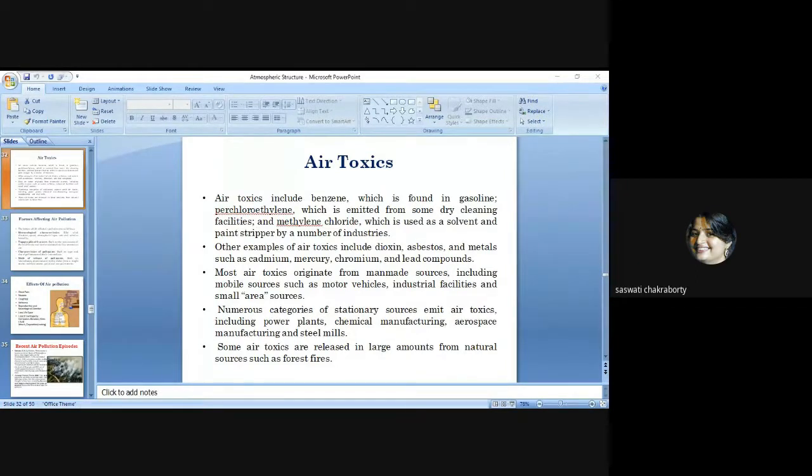When forests are set on fire, or when a forest fire starts, they liberate a huge amount of compounds into the atmosphere that are toxic to air and cause air pollution. So a huge amount of toxicity is released during forest fires.